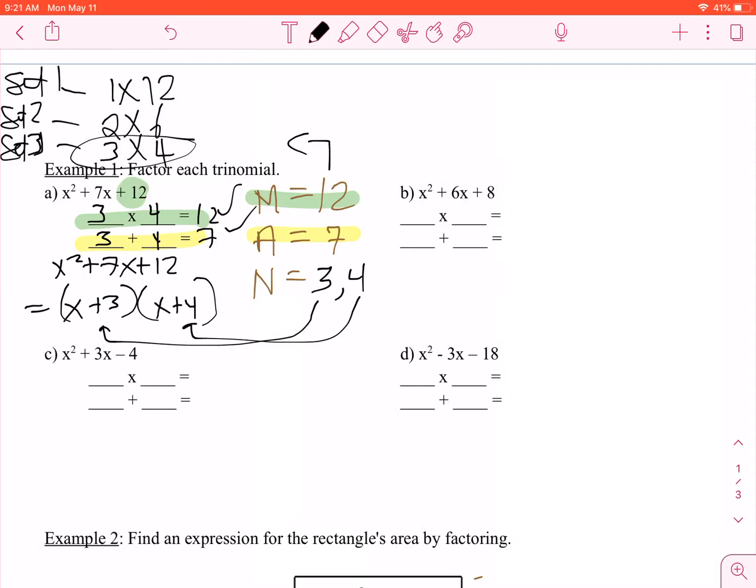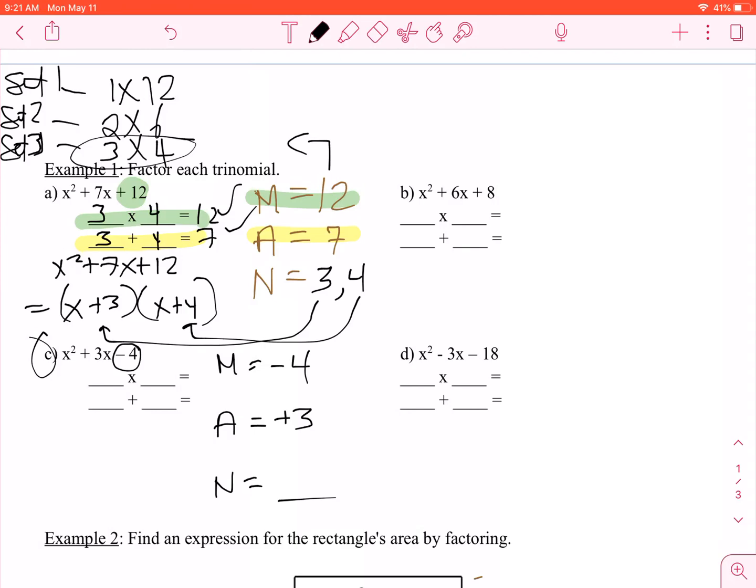Let's try another one. Okay, let's try C. So for C, we have what multiplies to negative 4, what adds to positive 3, and we got to figure out what those numbers are. Okay, so when it's a negative in your product, which is what multiplies to, this can only happen in one scenario.